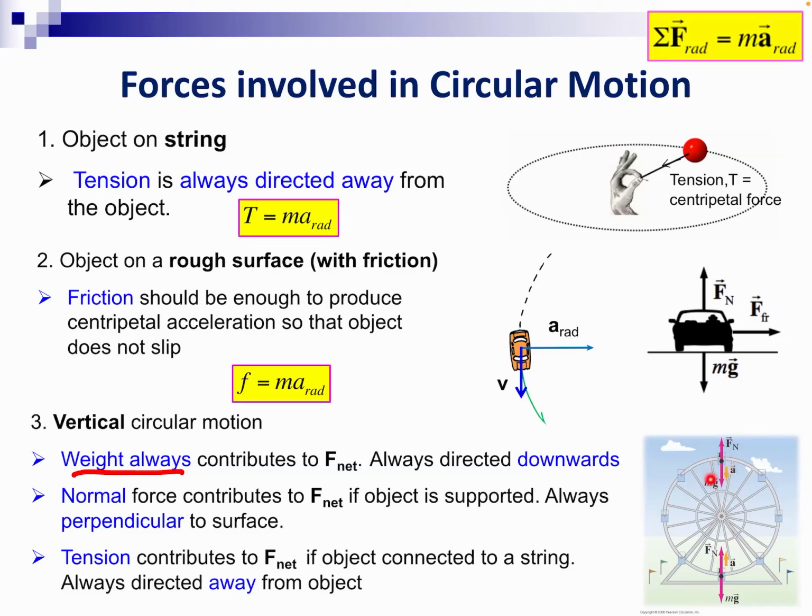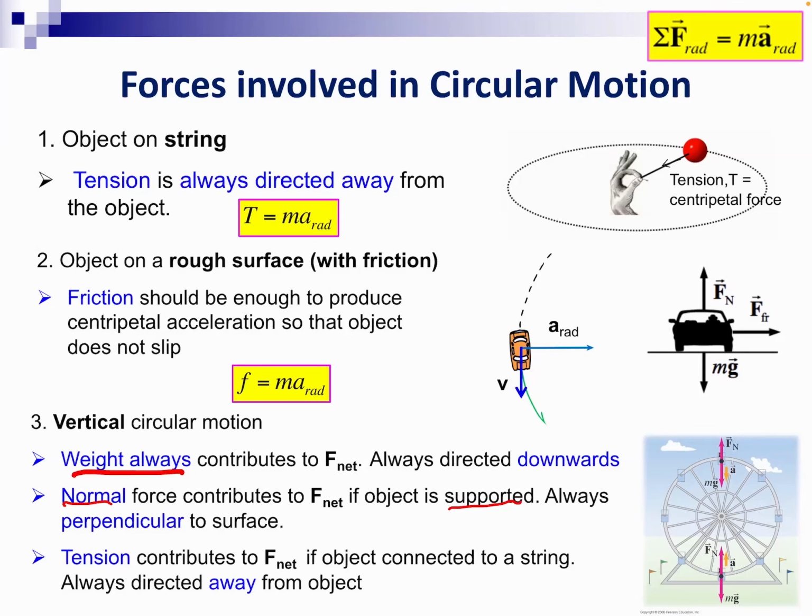If you notice here, it's easy to see at the top of the Ferris wheel, the weight force is always downward, so the weight force is directed to the center of the circular path. But you also have this normal force. If you have a seat or a car that's supporting the object, then you have this normal force that's perpendicular to the surface. If the object is supported, you should consider the normal force.